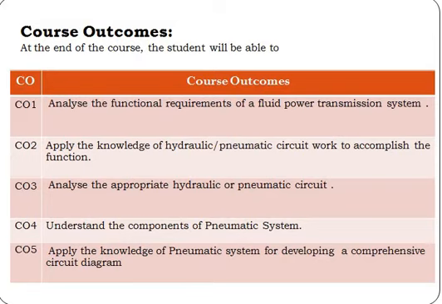CO3, analyze the appropriate hydraulic or pneumatic circuit system. CO4, understand the basic components of the pneumatic system. CO5, apply the knowledge of pneumatic systems for developing comprehensive circuit diagrams.